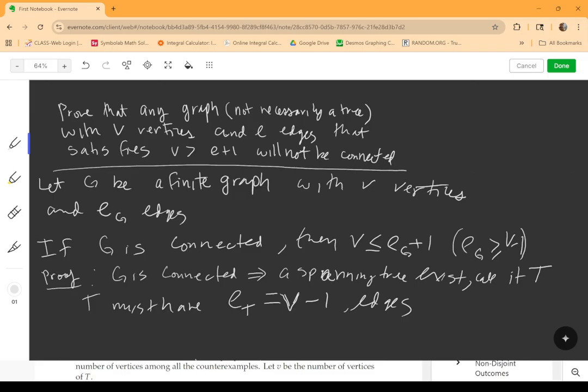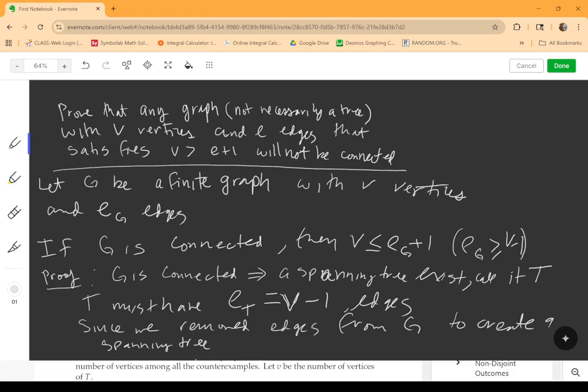Well, since we possibly removed edges from G to create a spanning tree, then we have E of G, that is essentially our lower bound, V minus 1.